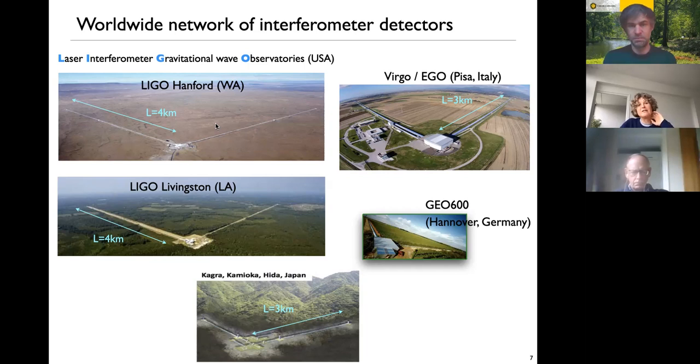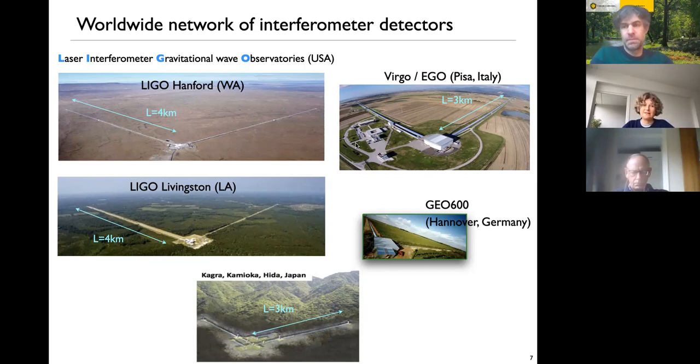As you can see indicated on the photos here, they have 4 kilometer long arms or 3 kilometer long arms. So they are really big instruments. And they are quite sensitive to small changes in their arm length, smaller than the size of an atom.